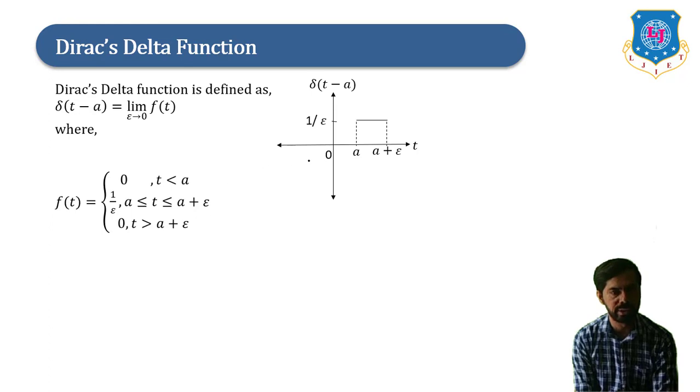Now here we can see the graph of this. From the graph we can say that the value of the function is 1 upon epsilon for a less than or equal to t less than or equal to a plus epsilon, and for t less than a it is 0, and for t greater than a plus epsilon it is 0. So this is how Dirac's delta function is defined.